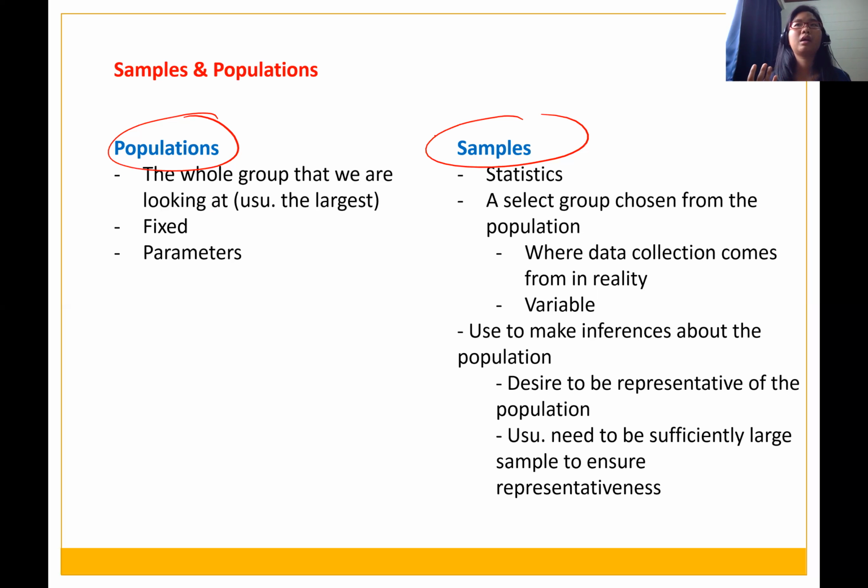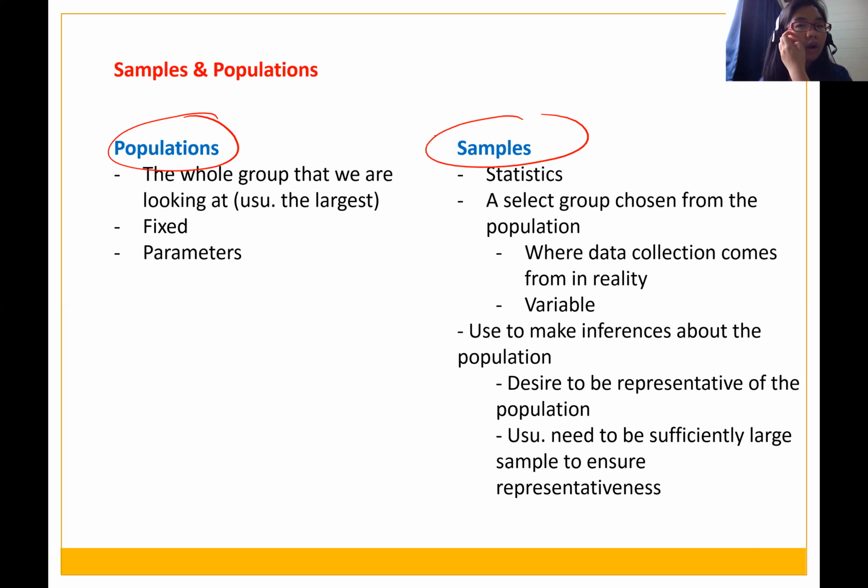So a population is a very big group, and usually its characteristic is going to be fixed. It is because we're talking about the biggest set of data that we can have. So it is very inclusive. It has all the information we need. Usually that characteristic is fixed because it already includes everything, and it doesn't have the tendency to change anymore. That's why we define it as the biggest group of data that we can have.